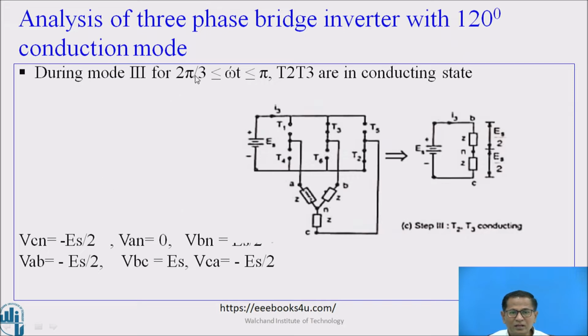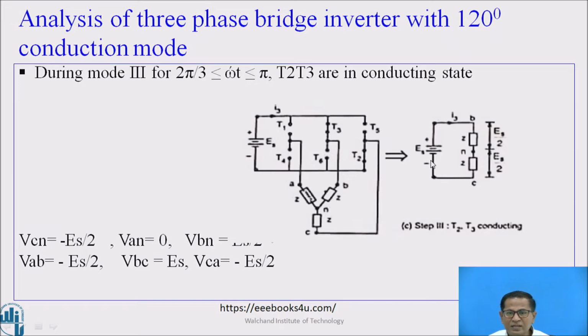During mode 3, the range of omega t is greater than or equal to 120 degrees and less than or equal to 180 degrees. In this mode, T2, T3 are in conducting state, and this is the equivalent circuit. Here, phase B is connected to the positive terminal of the battery and phase C is connected to the negative terminal of the battery.